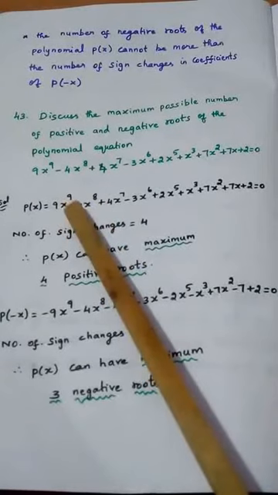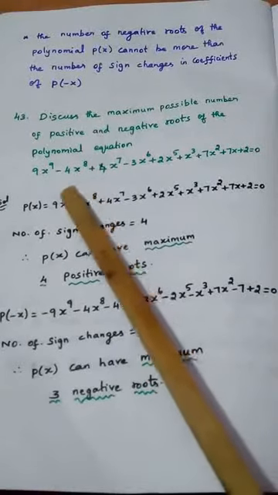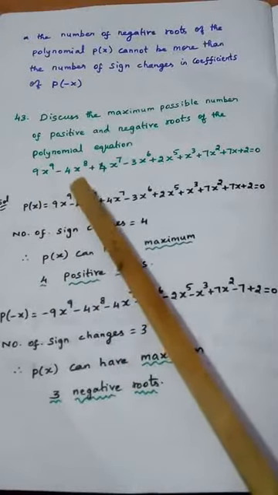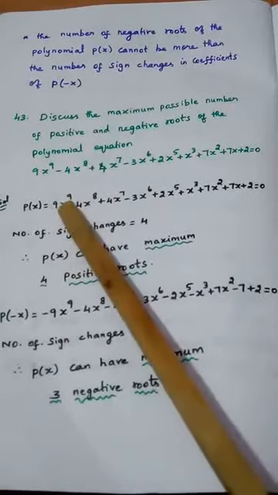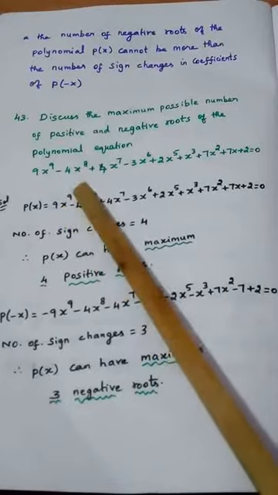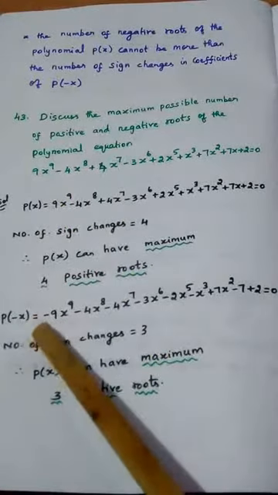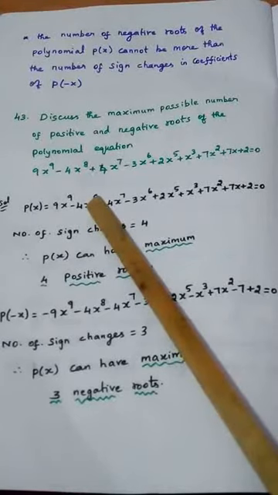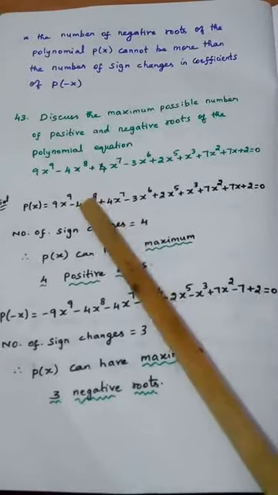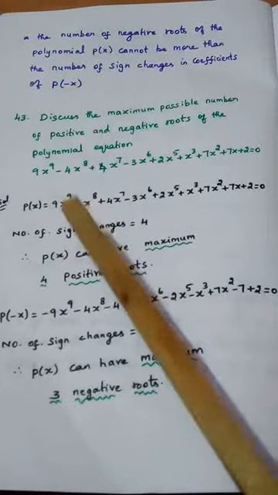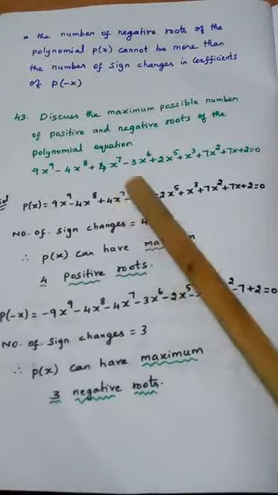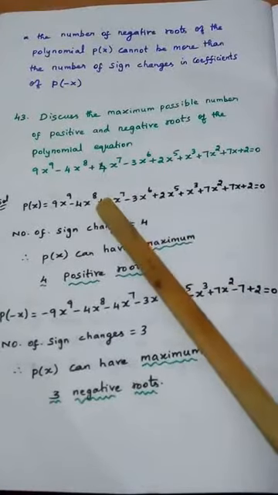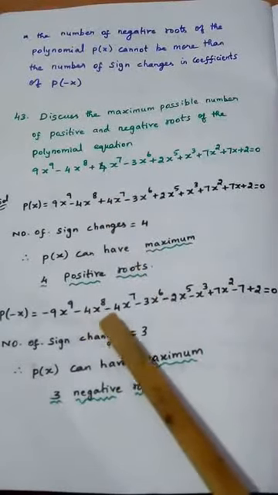Suppose here if I put x as minus x, since the power is 9, an odd number, one minus sign will come in front. If I put minus sign here, since the power is even, the sign will not change. So minus 4 as it is. If I put minus here, since the power is odd, the front sign will change. Minus 4x power 7.